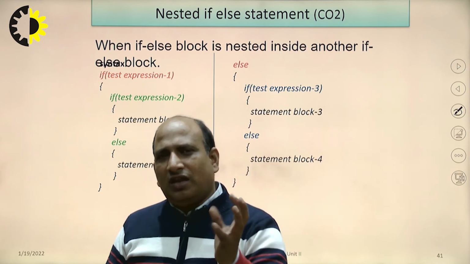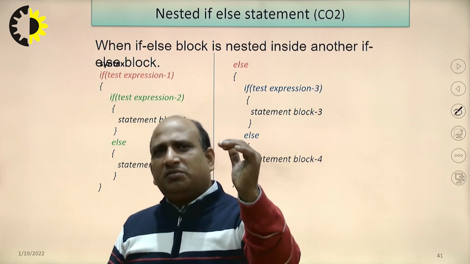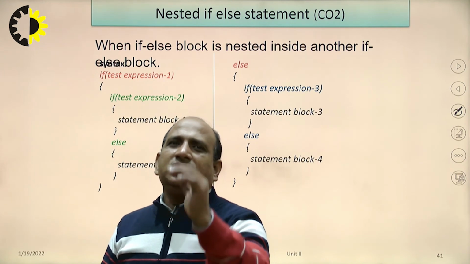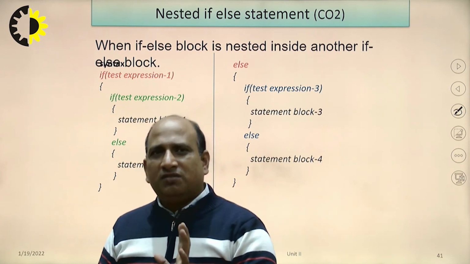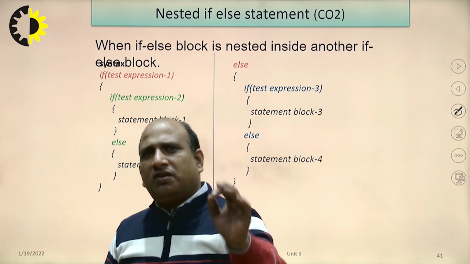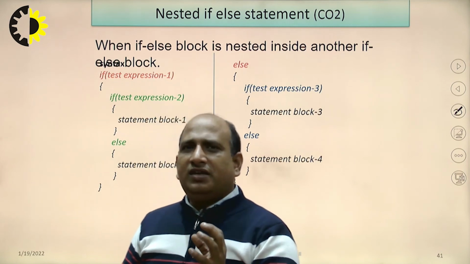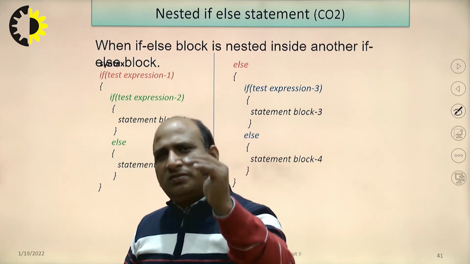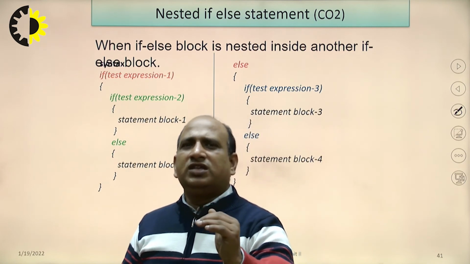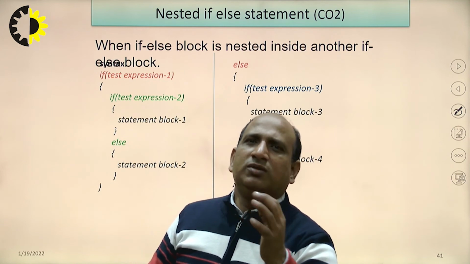Then only I have written it in red color. Red color test expression means test expression 1 must be false to reach the else part of this red if statement. Then if test expression 3 is false, the control will go to statement block 4, and if it is true, the control will go to statement block 3.